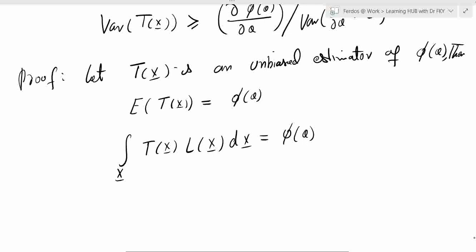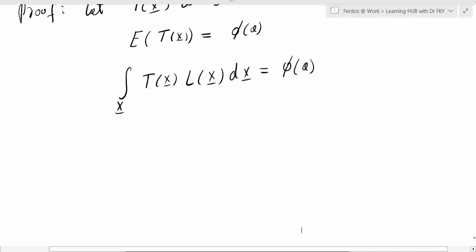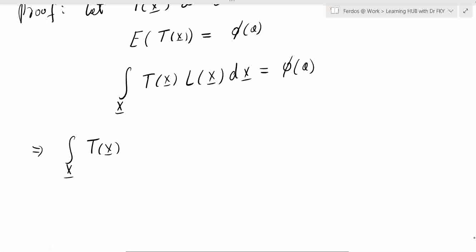Now differentiating with respect to theta, we differentiate this with respect to theta. This means that we can write the integral of T of x times the derivative of the likelihood function, which involves theta. You can write theta here as well, but it is better to write theta here.